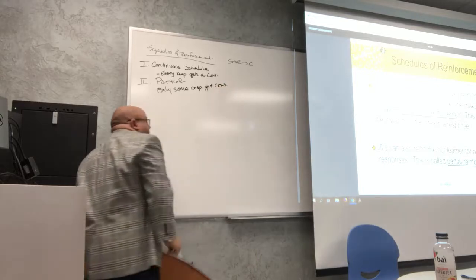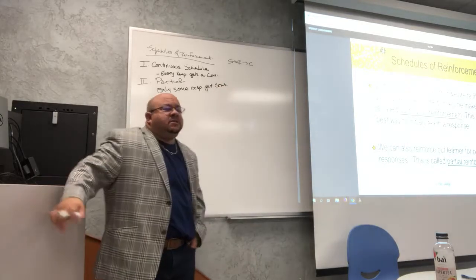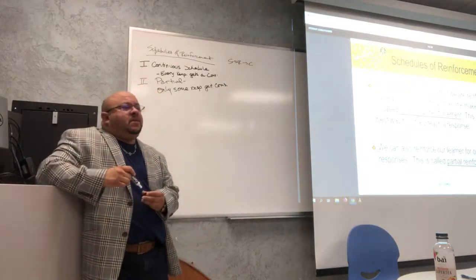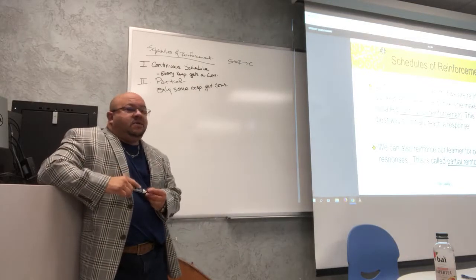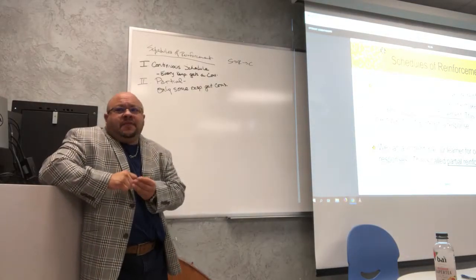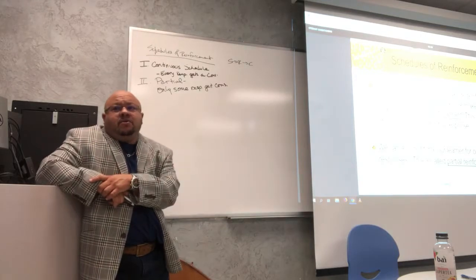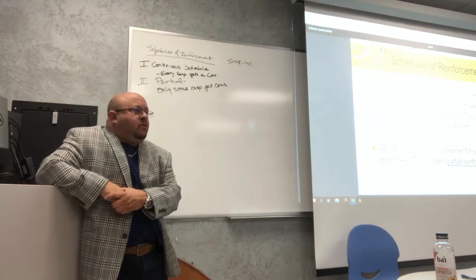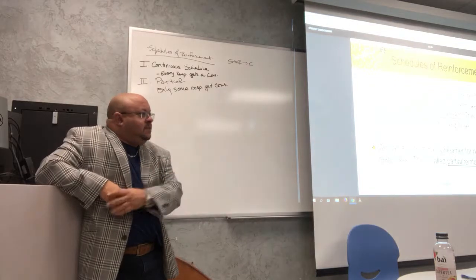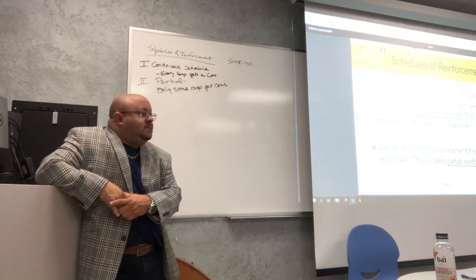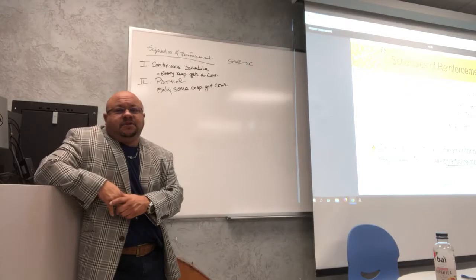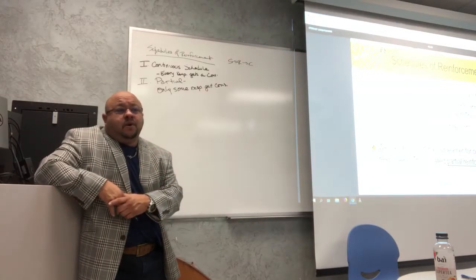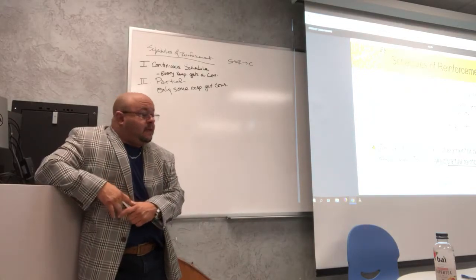So I don't reinforce you every single time that you do something, but only sometimes. And in the real world, that's kind of how things work, right? You don't always get rewarded every single time you hold the door open for somebody. That person doesn't say thank you, right? Sometimes people will not say thank you. So sometimes our behavior is rewarded and sometimes it's not.